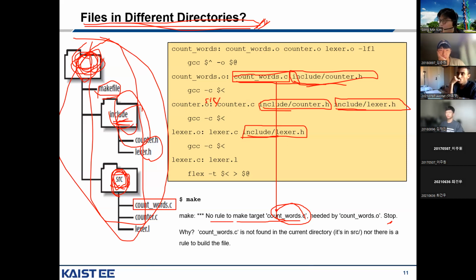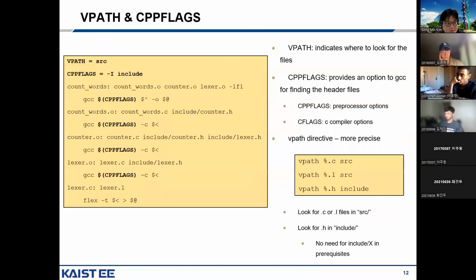But we don't want to do this, right? We're trying to look for a better way to do this, right? A better way is doing this. You can basically put vpath. It's a preprocessor of makefile to look at the source file.